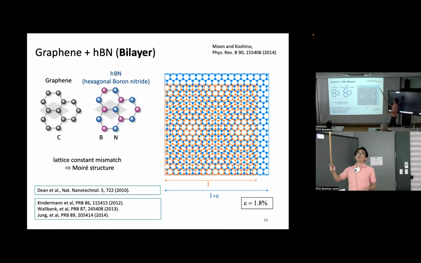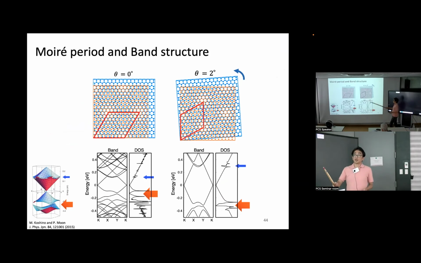But if you think about first the bilayer graphene on HBN, graphene and HBN both have a honeycomb lattice, but the lattice constant is different, so it gives a superlattice without rotating. That structure is like this, and this is a Moiré pattern. The point is HBN is a very insulating system, so it's gapped at the Fermi energy.